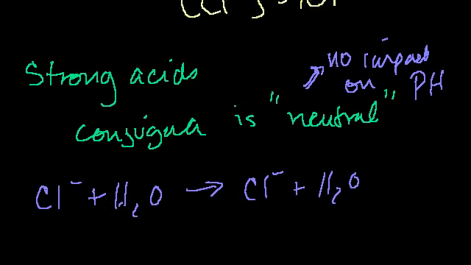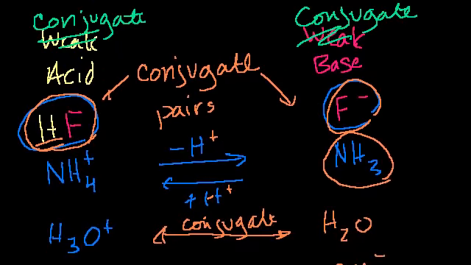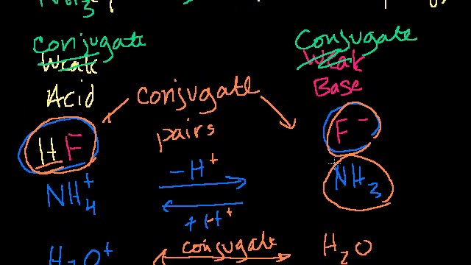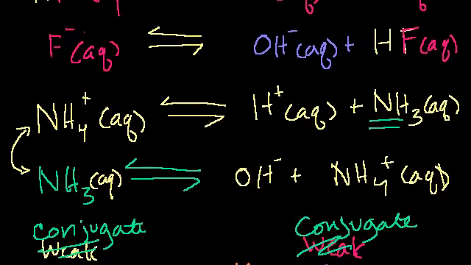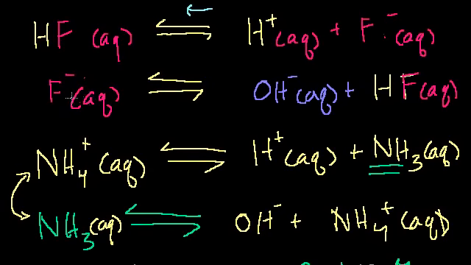Now, on the other hand, when you're dealing with weak acids, this reaction will go in the other direction. If you put some fluorine in water, it will grab some hydrogen, not necessarily a ton of it, but it will grab some hydrogen from the surrounding water and increase the hydroxide concentration, right? It's increasing the concentration of this thing right here.